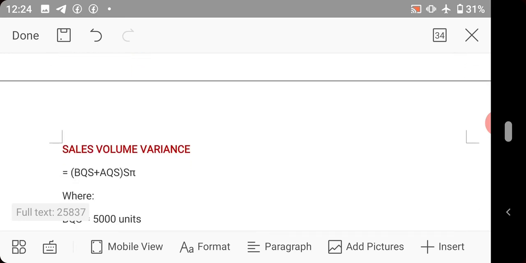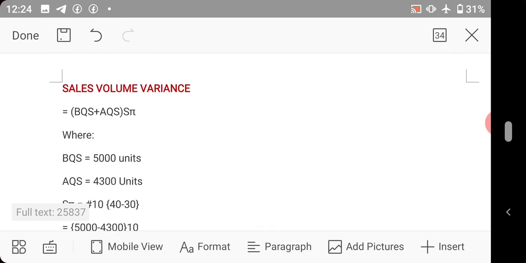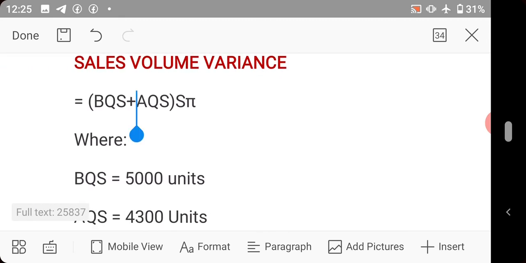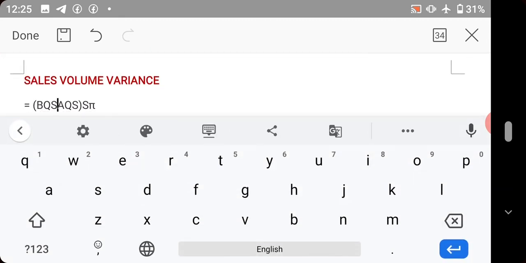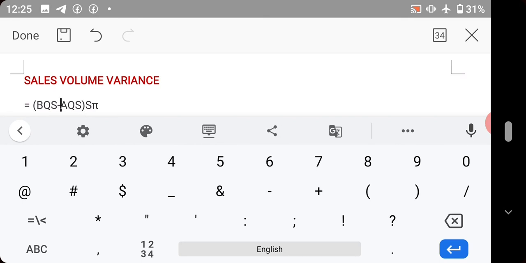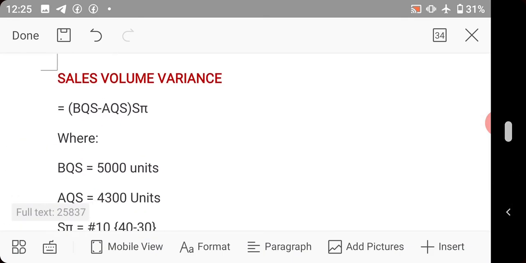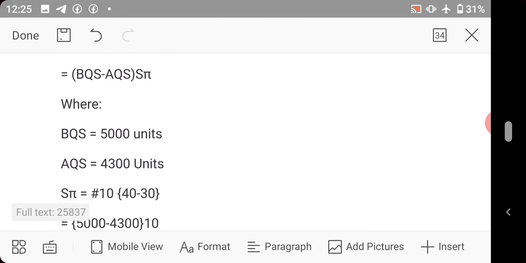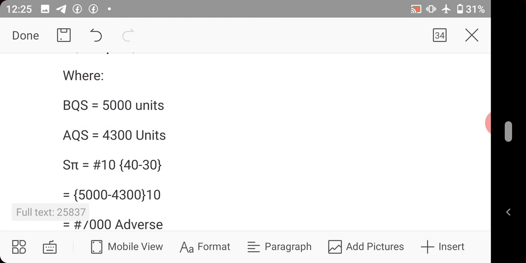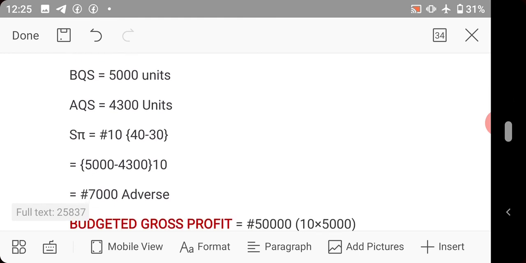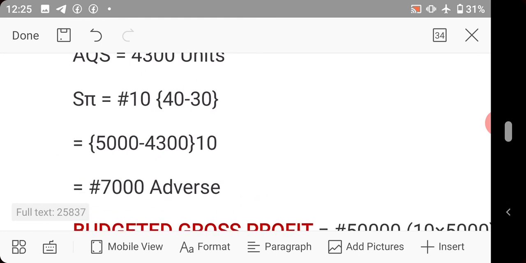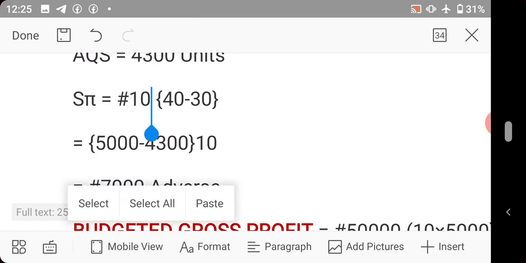So you now move to volume variance, which is actual quantity minus budgeted quantity. That is supposed to be minus, not plus. Sorry for that typo error. So times standard profit. Now, budgeted quantity is 5,000, actual quantity is 4,3, and standard profit is 10. And how do they get it? 40 minus 30.